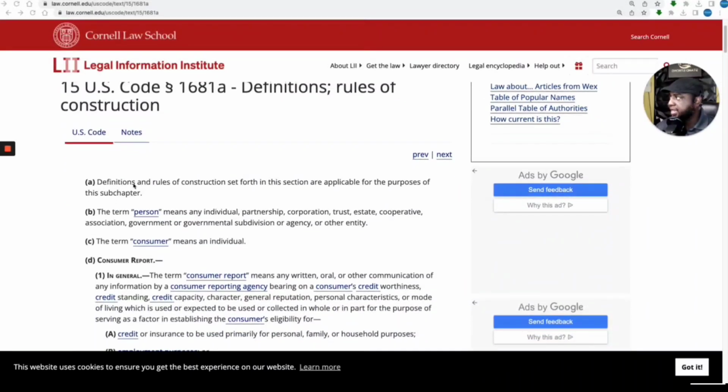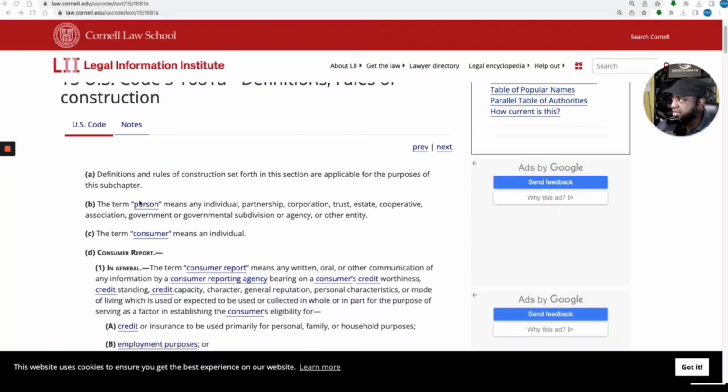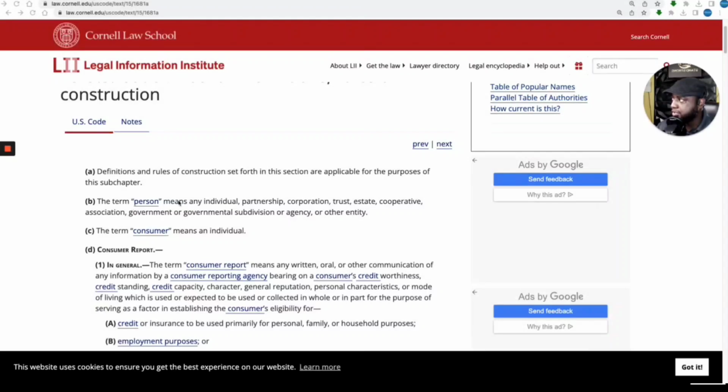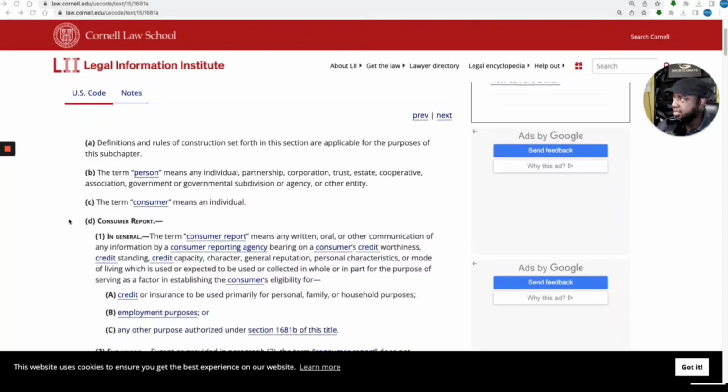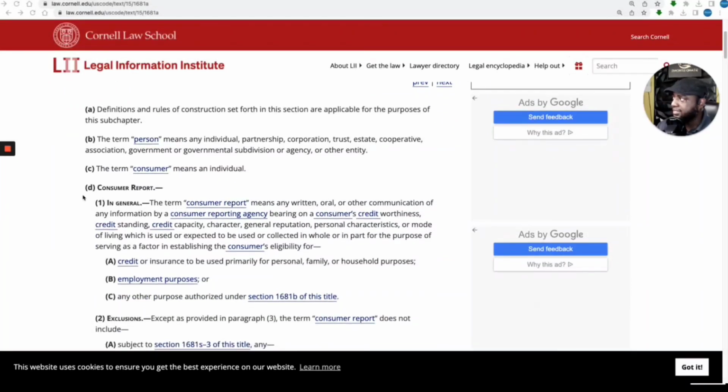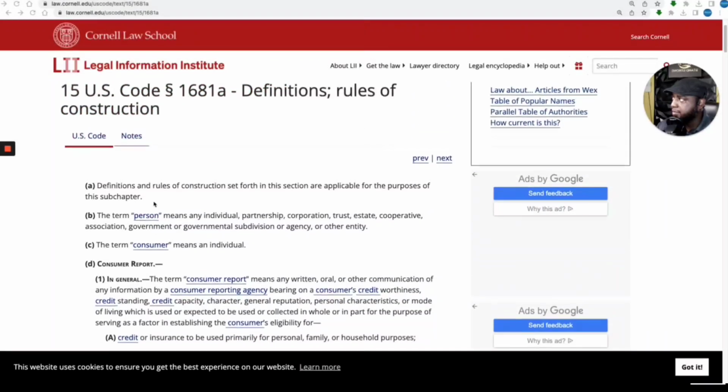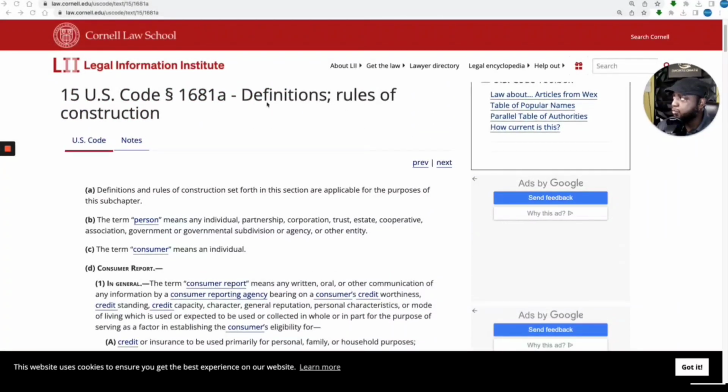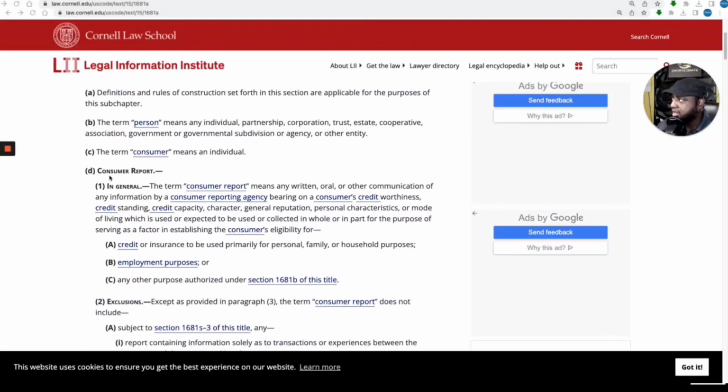Okay, we have (a) Definitions and rules of construction set forth in this section are applicable for the purposes of this subchapter. (b) The term persons means any individual, partnership, corporation, trust, estate, cooperative, association, government or governmental subdivision or agency, or other entity. (c) The term consumer means an individual. (d) Consumer report. Now, what are we talking about here? This is definitions and rules of construction. All right, consumer credit report.